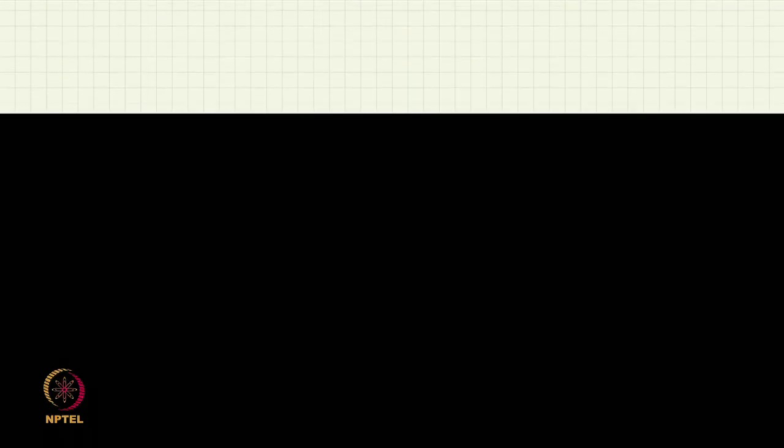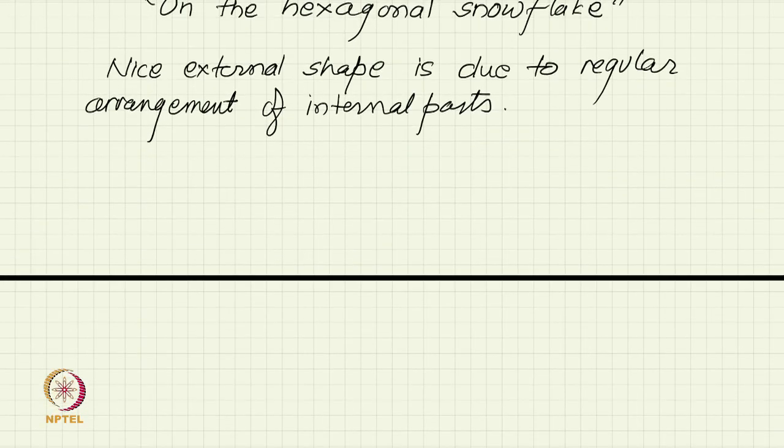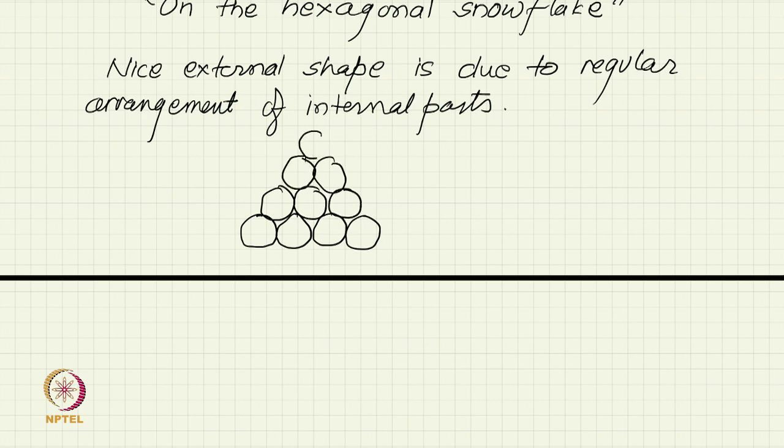And now what we draw as close packed spheres and all, some of the original drawing was in this paper. He drew some of these things like packing of spheres. Spheres have a spherical shape, they are not triangular, but as you can see in this arrangement, they give you a nice external triangular shape.